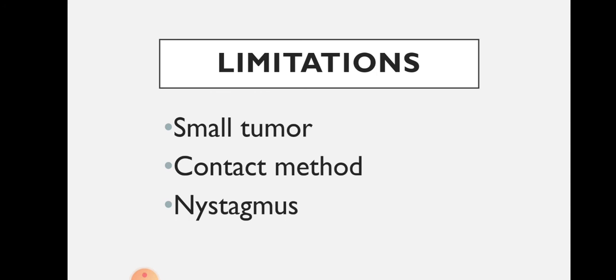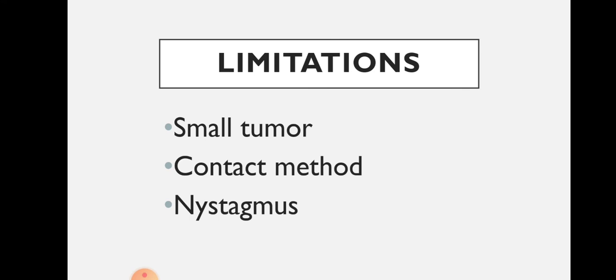And in case of nystagmus, the patient is not able to fixate his eyes. In the immersion or contact method, there is a red light in the probe, and we instruct the patient to see a distant object or to look at the red light.